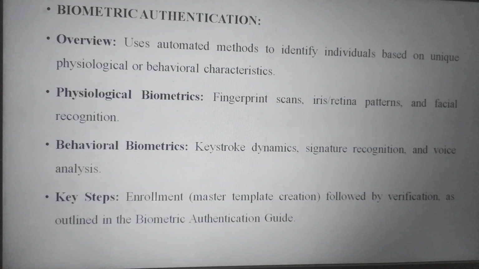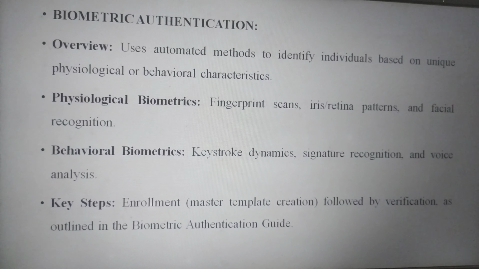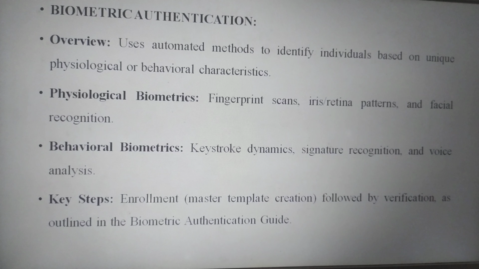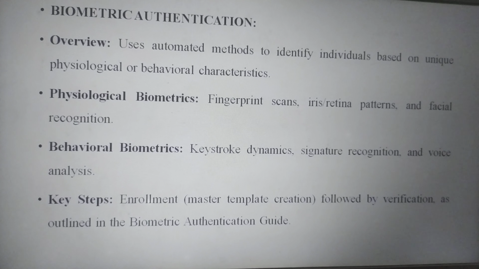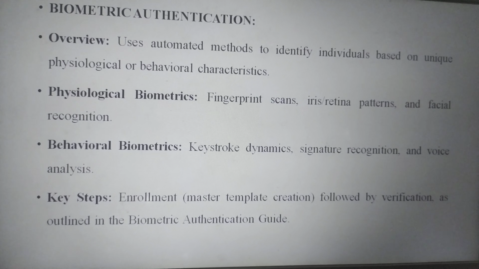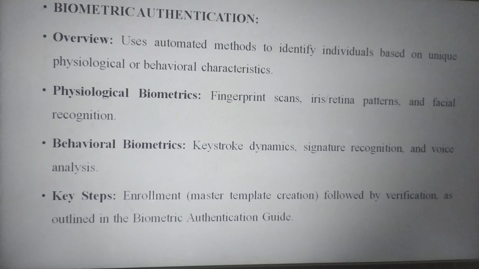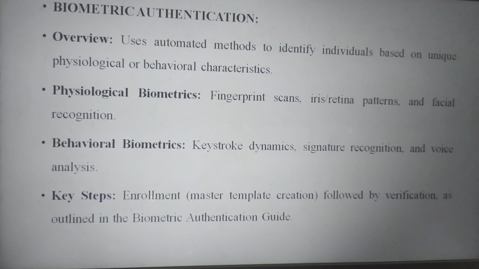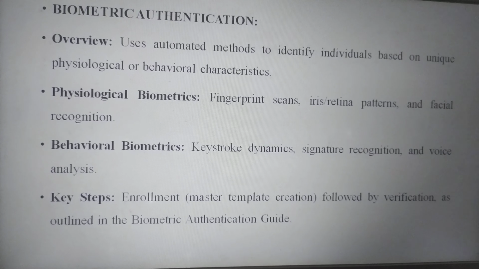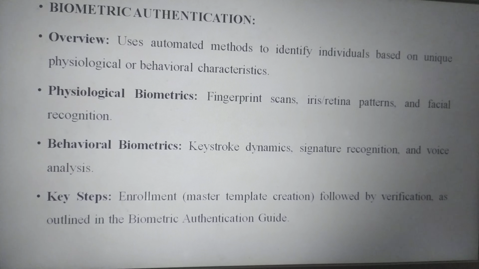The overview of biometric authentication is that it can identify individuals based on their physical or behavioral characteristics. First we will see physical biometrics. We can recognize a person using their fingerprints, iris or retina patterns, and also facial recognition.